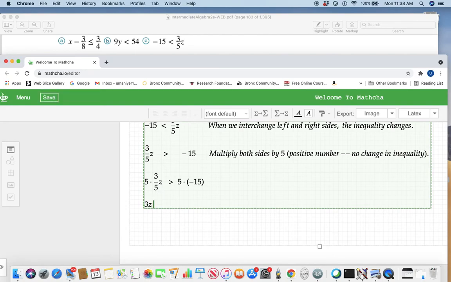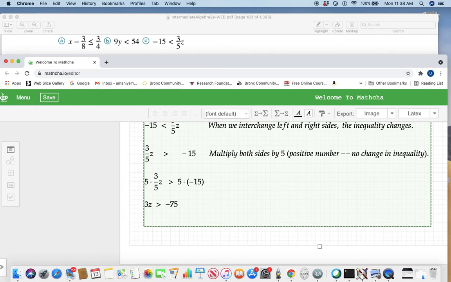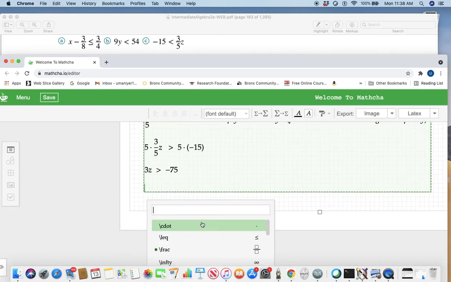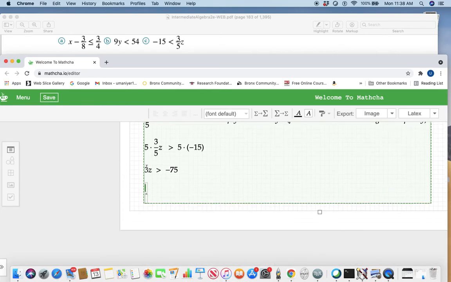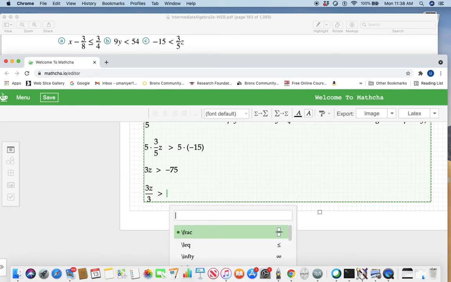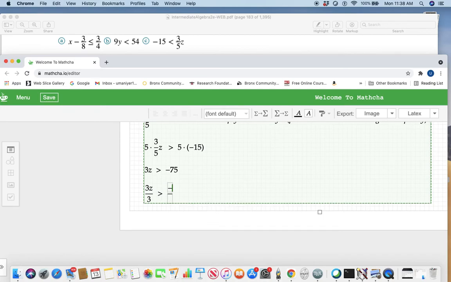I have 3z greater than 5 times negative 15, which is negative 75. Divide both sides by 3 to get rid of that 3. Notice again 3 is a positive number, so division by a positive number does not change anything.